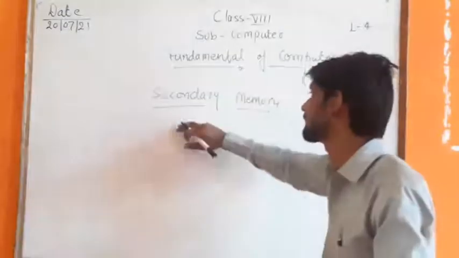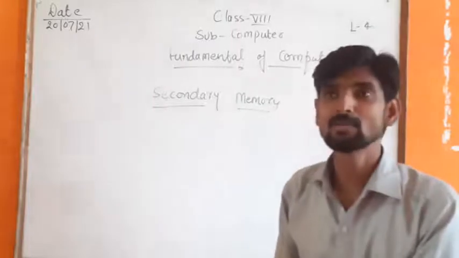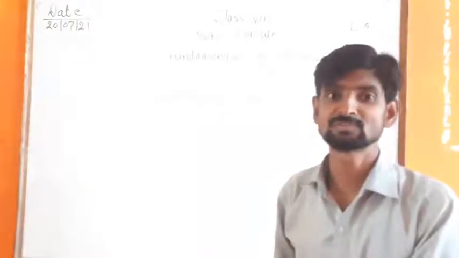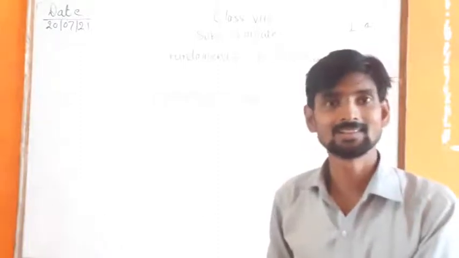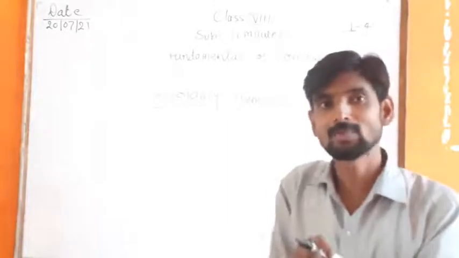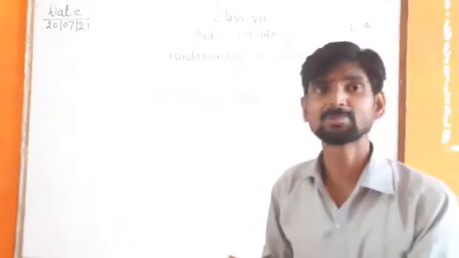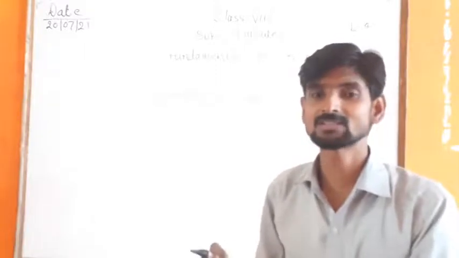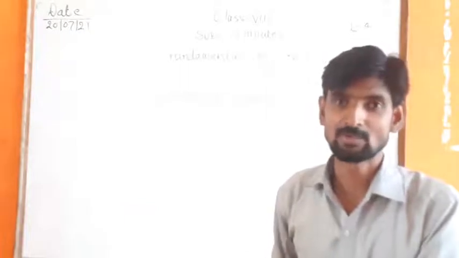What is secondary memory and why do we use this one? Secondary memory is also a type of computer's memory. In the previous class we saw there is a temporary memory and a permanent memory. The primary memory is the temporary memory. Temporary memory means we cannot save the data for the long term in the primary memory.